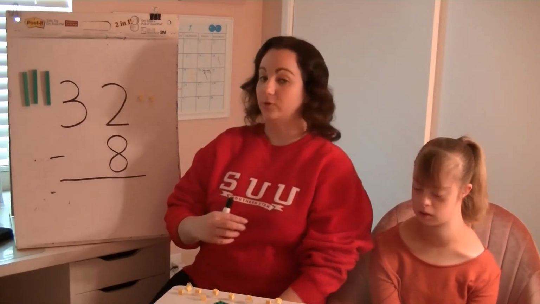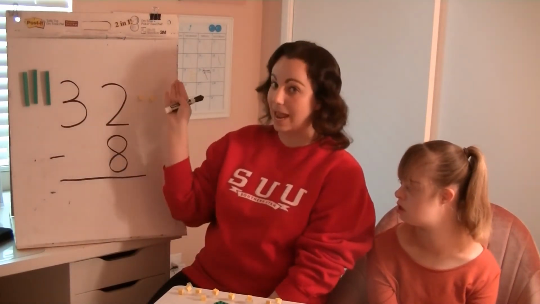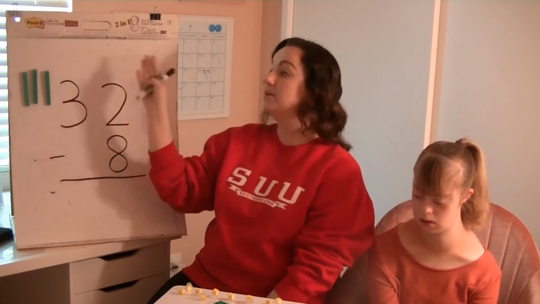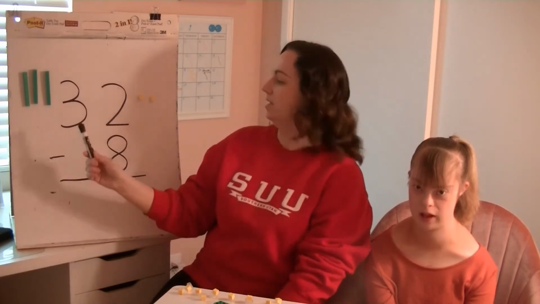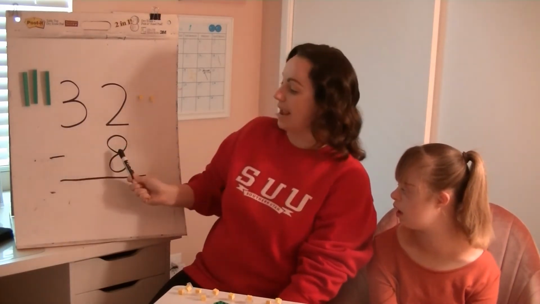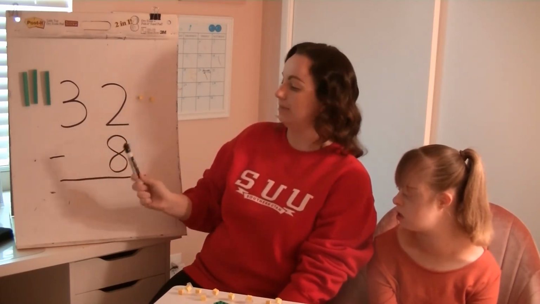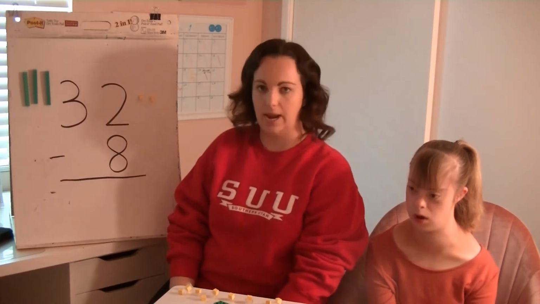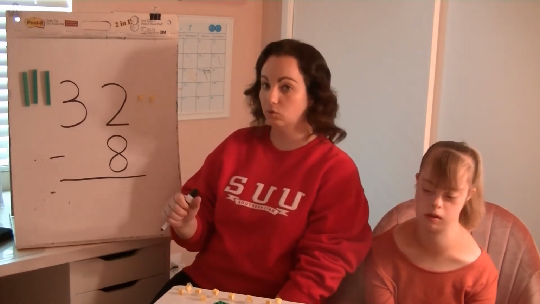Remember, we're still working with subtraction and regrouping tens as ones to help us have enough to do subtraction. Let's look at this problem. Ready? Okay. It says 32 take away 8. 32 take away 8 equals. Okay, let's start with what we usually always do to keep our thoughts and work organized.